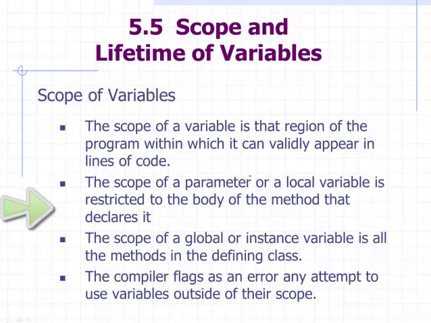The parameter that is used as part of the declaration of the method is also a local variable, in addition to any ones that we declare inside the method. The scope of a global variable, all the methods can use it. And you will get a syntax error if you try to use a variable, but you don't have access to it.